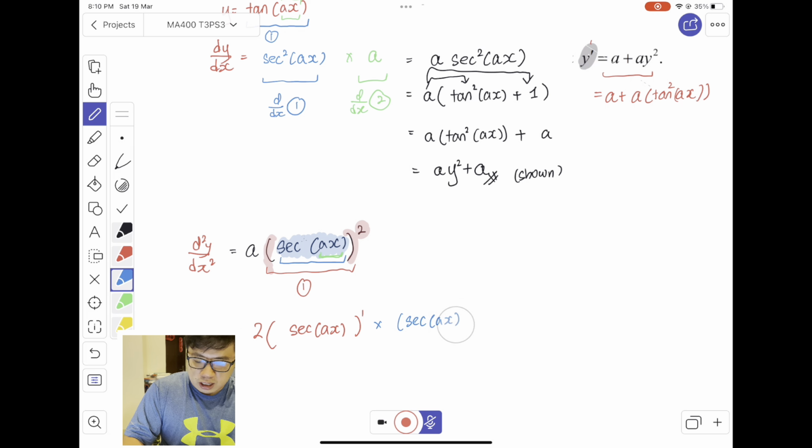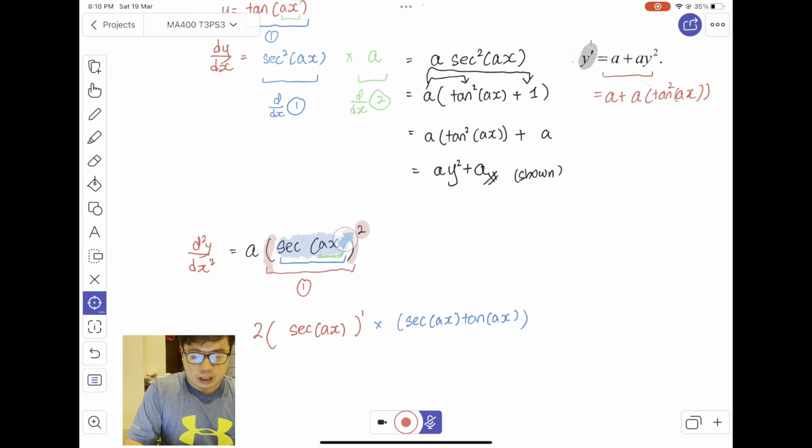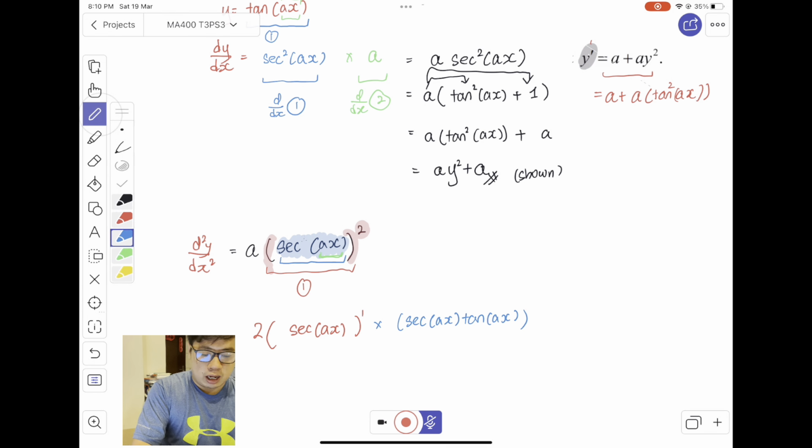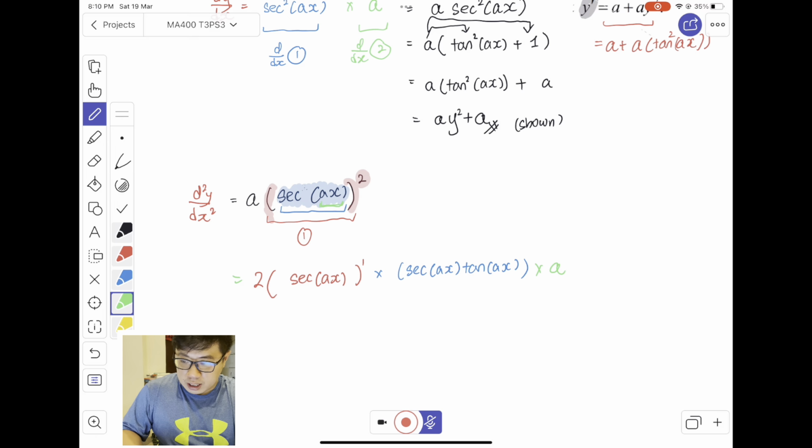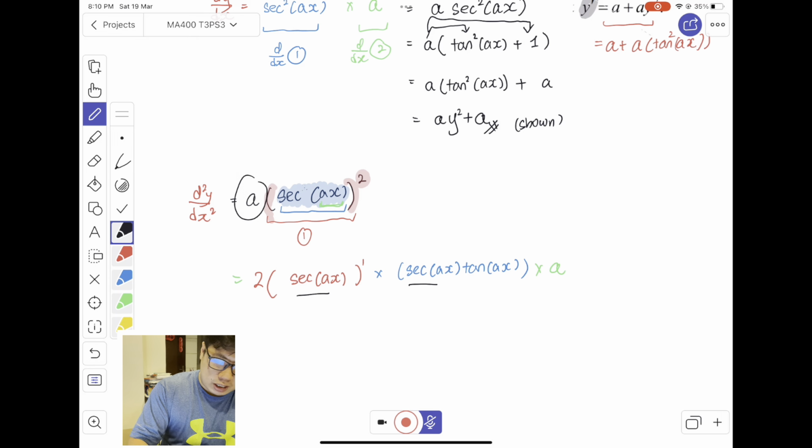Remember, differentiating secant gives us secant tangent. Now the green underline, the third layer, the innermost layer: differentiating ax gives us a. Now let me rewrite this: secant and secant give me a secant squared. Not forgetting there's an a here, I'm going to put another a here.